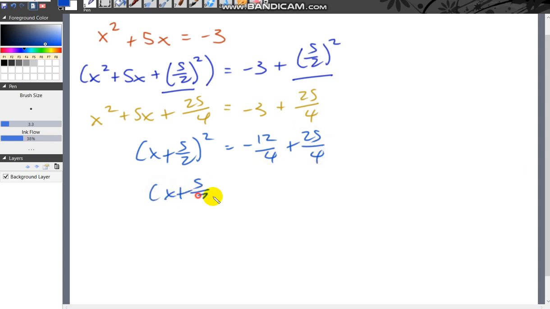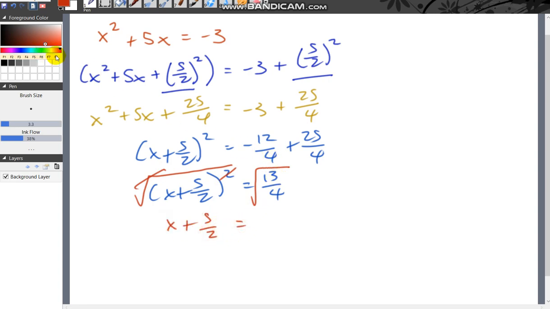So x plus 5 over 2 squared equals negative 12 plus 25, which is 13 over 4. Then we can take the square root of both sides. The square root cancels with the square. We get x plus 5 over 2 equals.